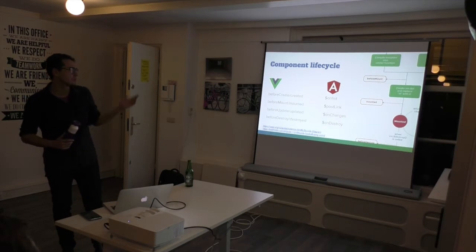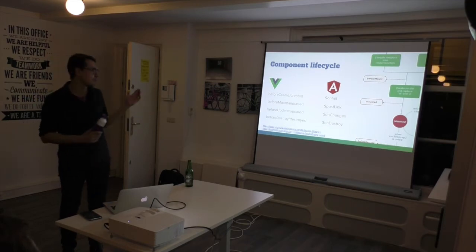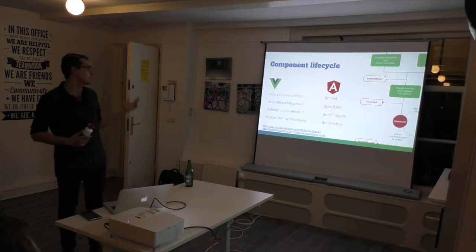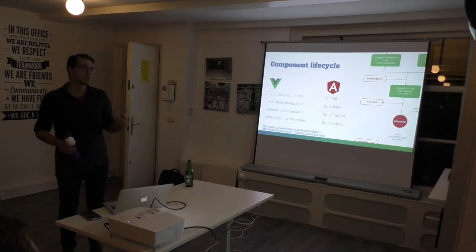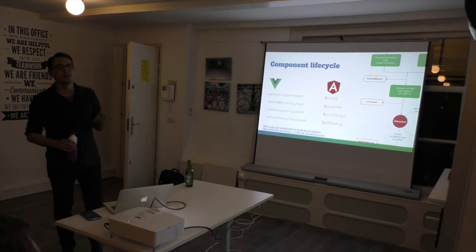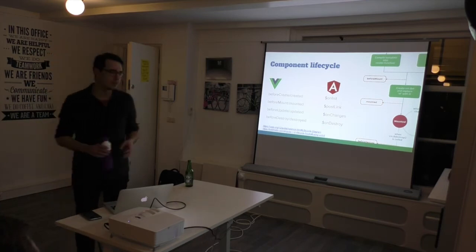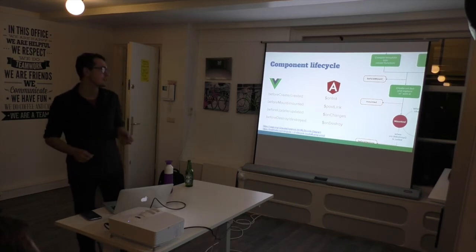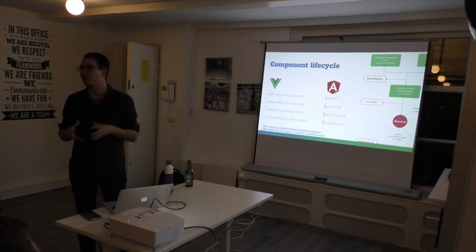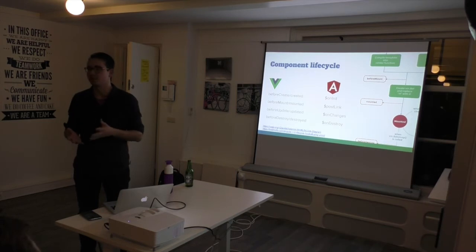So you can see it exactly maps one to another: when the component was initialized, when the component was mounted to the DOM, when it gets changes, and when it was destroyed. I mean, there are details, of course, you should know why they're not exactly the same, but these are details. The whole approach is the same, and it's pretty logical.